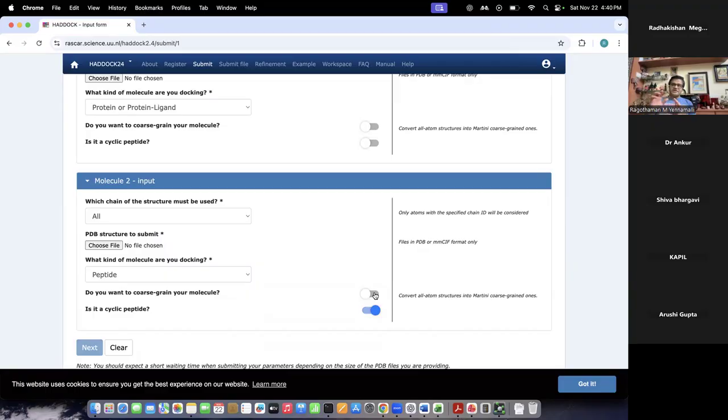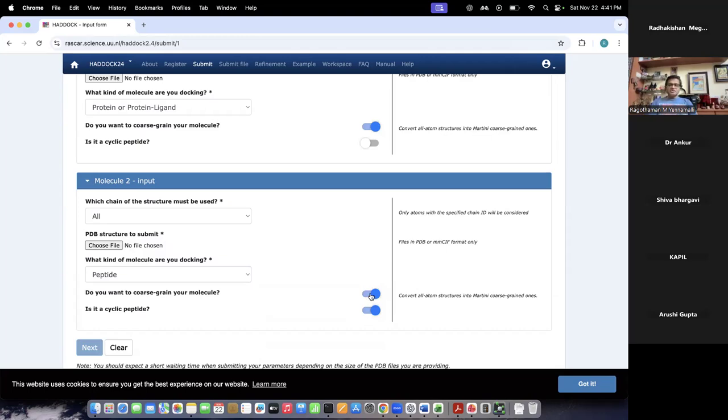If you consider 20 atoms within a residue, within an amino acid, as one single entity, then that is coarse grain, because you are considering the hydrogens, nitrogens, C alpha, C beta, everything inside that particular residue as one entity. So that means it has very little flexibility for that particular amino acid. Then that is coarse grain.